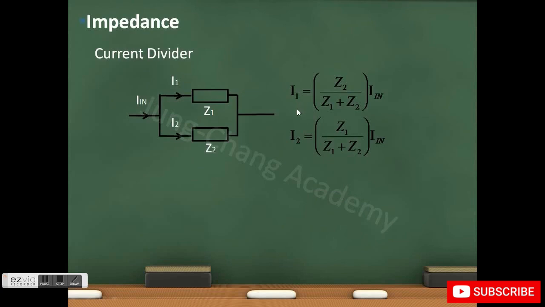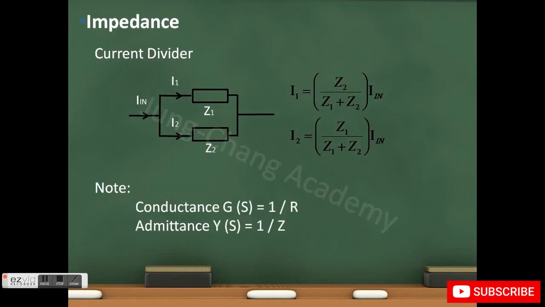So I1 is just Z2 divided by Z1 plus Z2 times Iin, and I2 is just Z1 divided by Z1 plus Z2 times Iin. If you don't remember how we derive these equations, you can go back to lecture 6 where we talked about simplifying DC circuits.